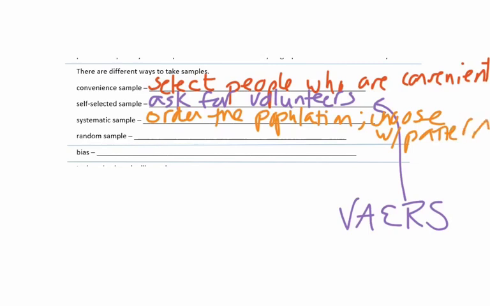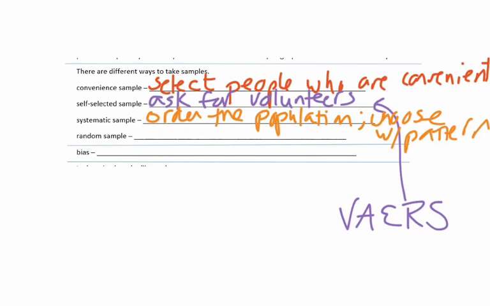So you're probably wondering, well, what would that be? We'll do some examples, but that could be like putting the people in alphabetical order. A common way that we order the population is we do alpha order by last name.